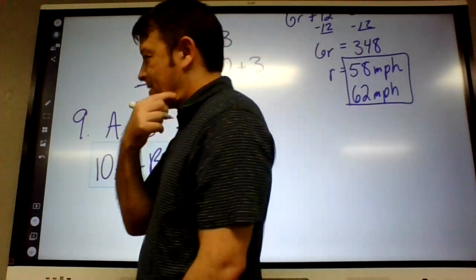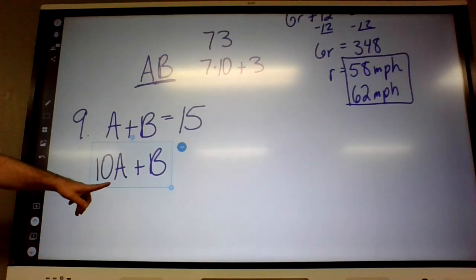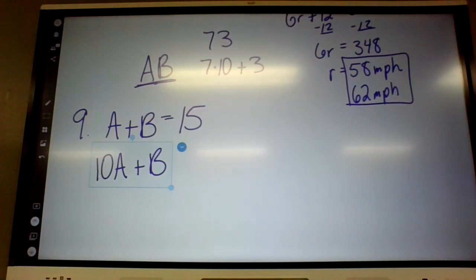Okay, let's read the second sentence, see what they say. If the digits are reversed, the number formed is 9 less than the original.